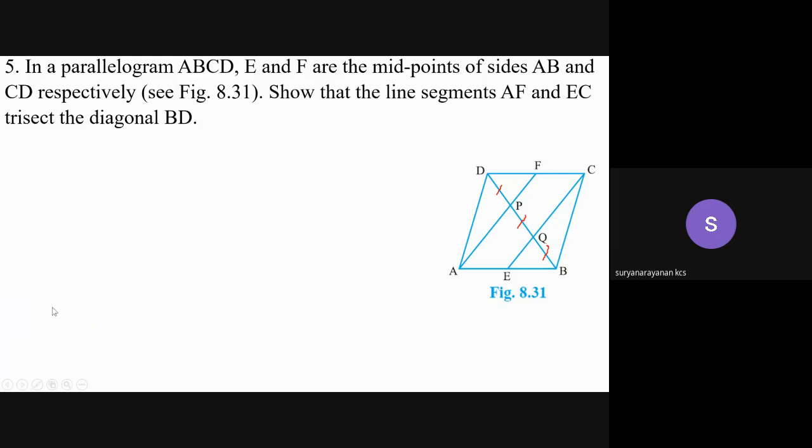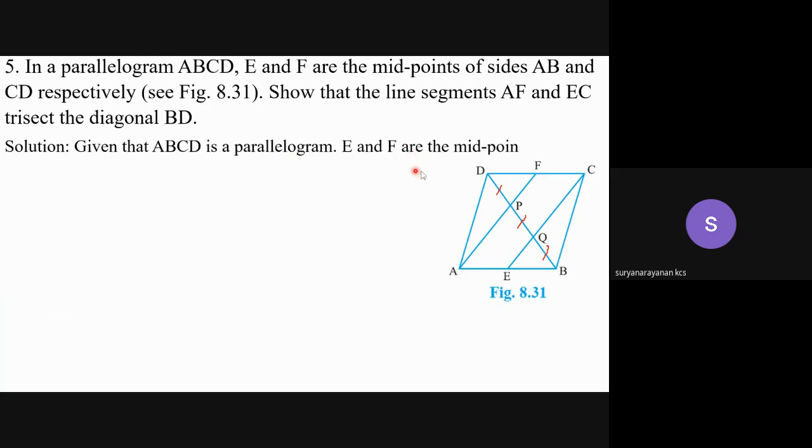Okay. Now come to the solution part. What is given here? ABCD is a parallelogram. E and F are midpoints of sides AB and CD respectively.